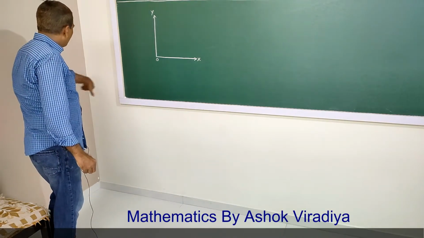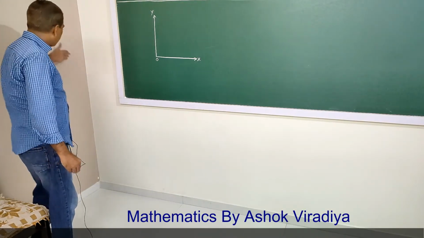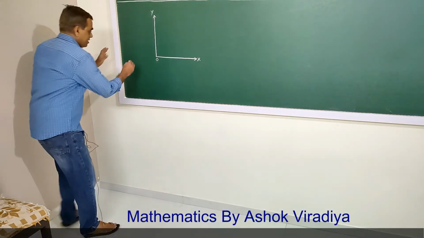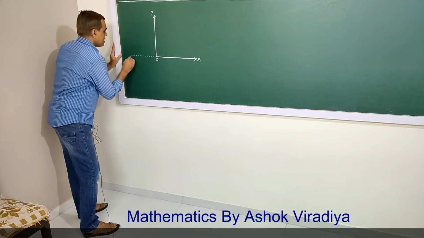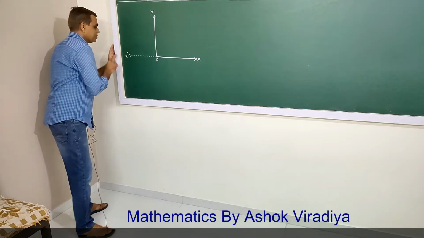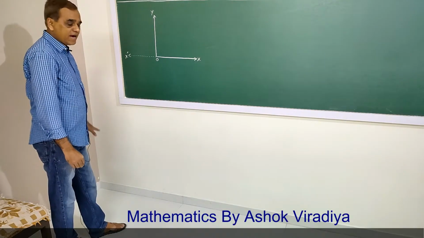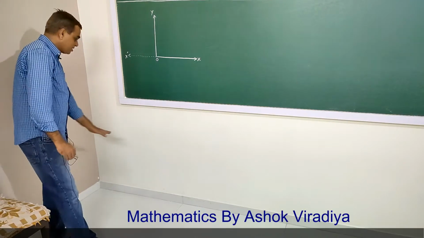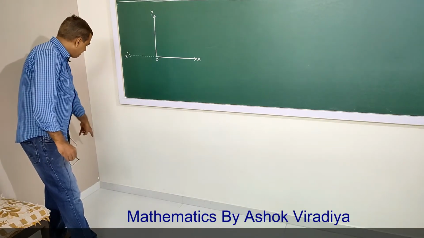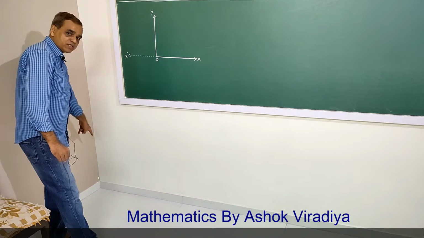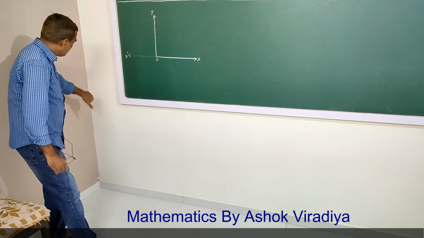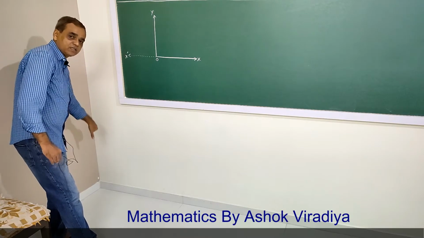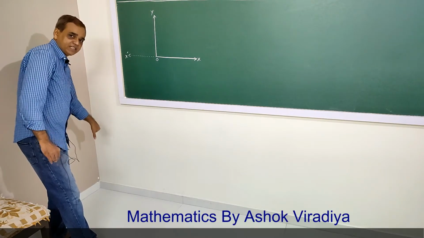On the opposite side, the back side of this wall, here this line is going on. This is the negative direction of x-axis, we say X dash. And on the back side of this flooring, from this point onwards, in the opposite direction of OY, a line is going towards infinity.